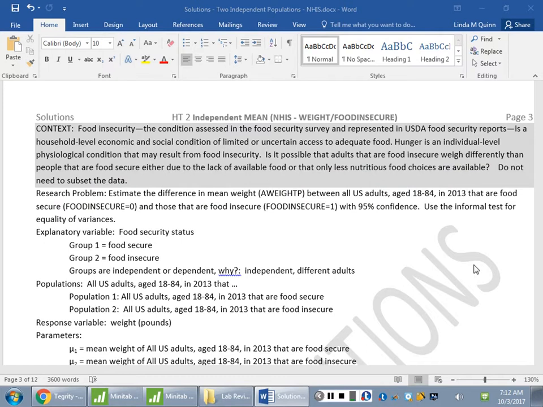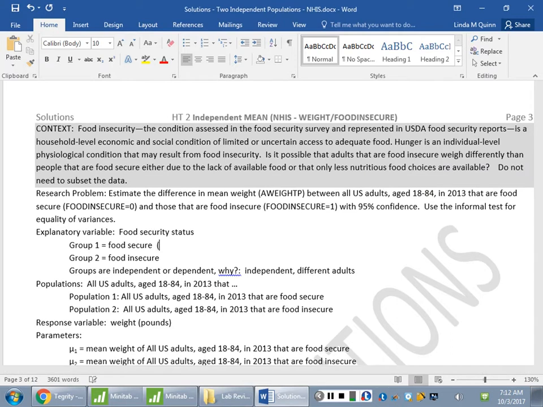So our first mean problem is looking at the difference in mean weight between people that are food secure and people that are food insecure. Once again, I'm going to remind you that I set my groups up so that they were in numeric order.